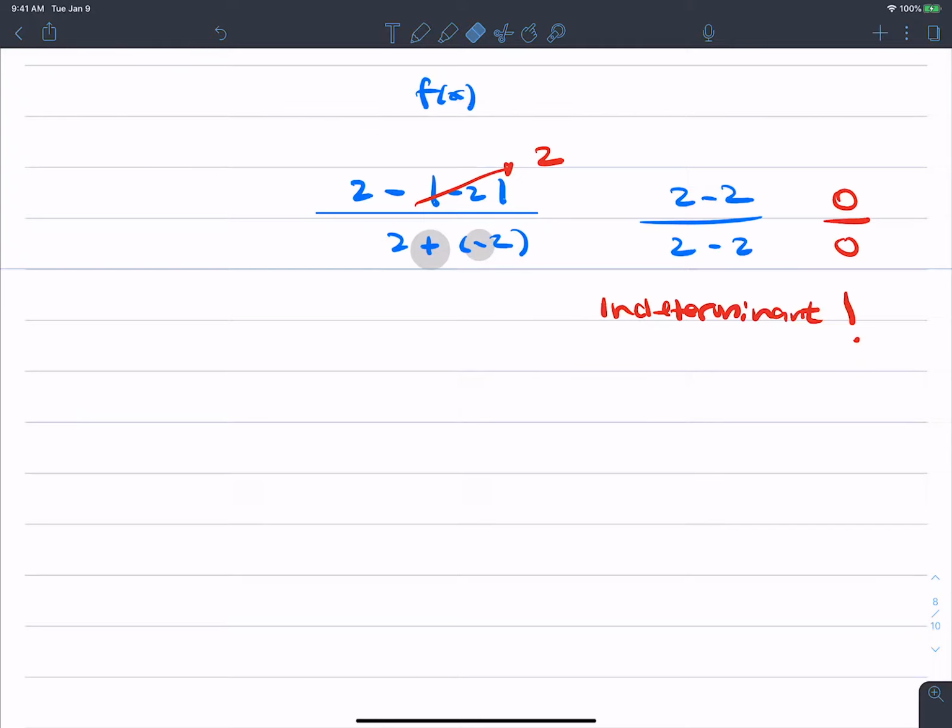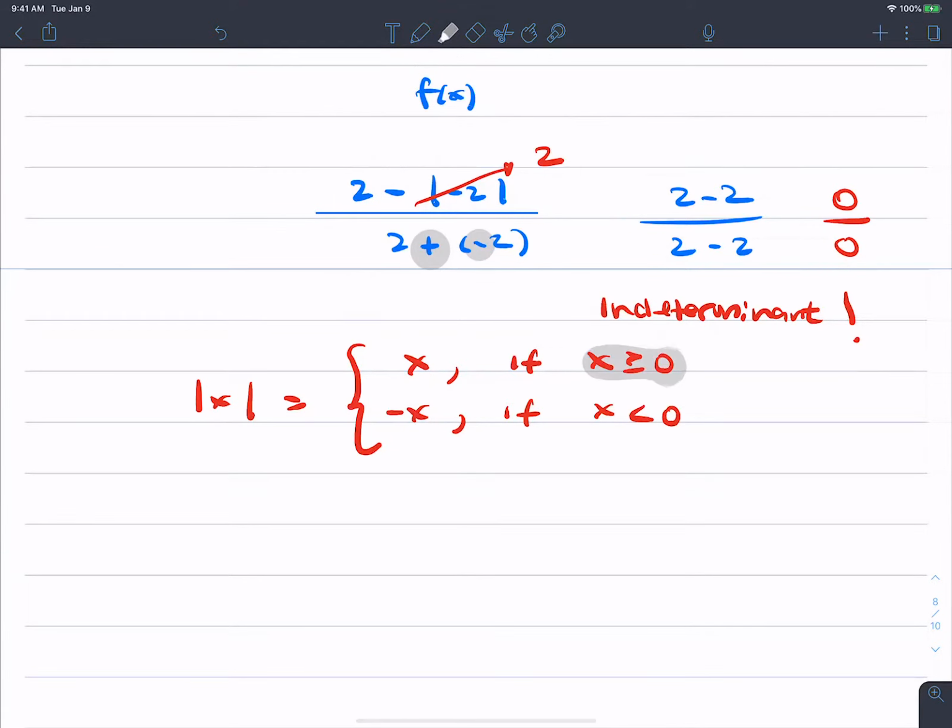I'm going to say to you, the absolute value of x, remember this definition here. It's a piecewise definition. It's x if my x value is greater than or equal to 0, and it's opposite x if the x value is less than 0. Greater than or equal to 0 simply means you are positive or 0. What does it mean for x to be less than 0?